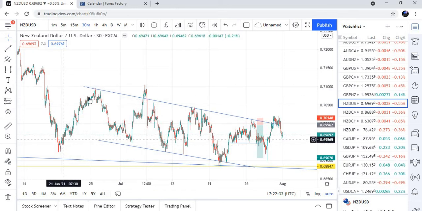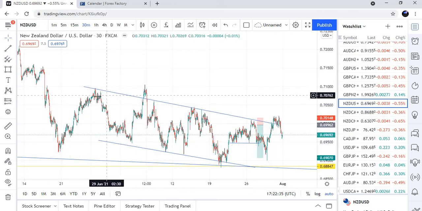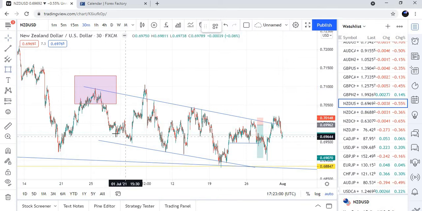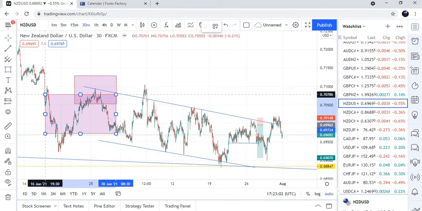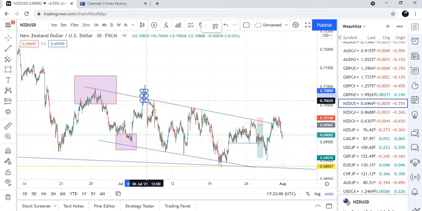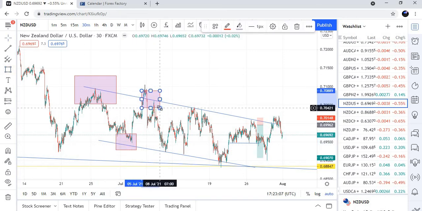Once you see something like this, 1, 2, 3, just draw out your trend channels, because there is a high possibility that the chart is going to respect these levels.